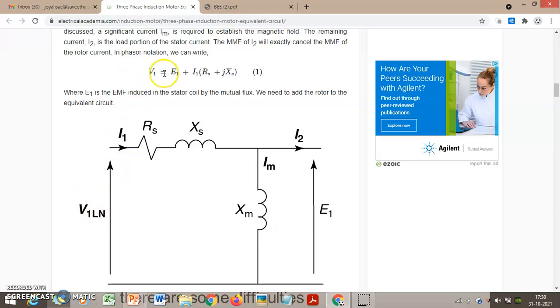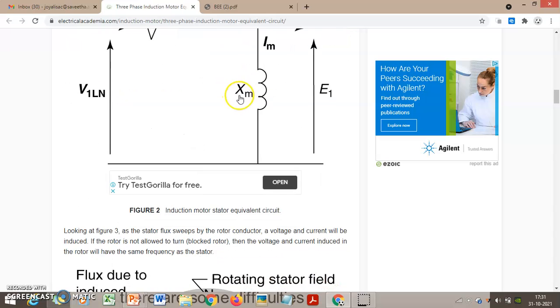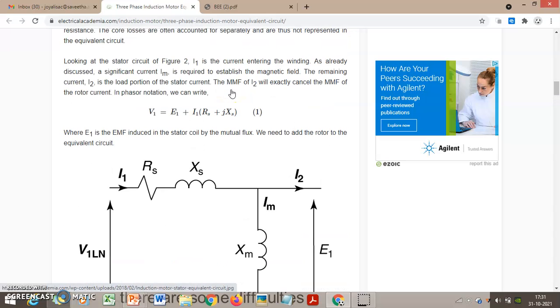V1 is the input, which is equal to E1, the drop at Xm, plus I1 into this circuit. If you know electric circuit analysis, then this equation will be understood by you. V1 equals the terminal voltage E1 plus I1 into (Rs plus jXs), where I1 is the series current flowing through these two. Okay, this is your figure number 1.